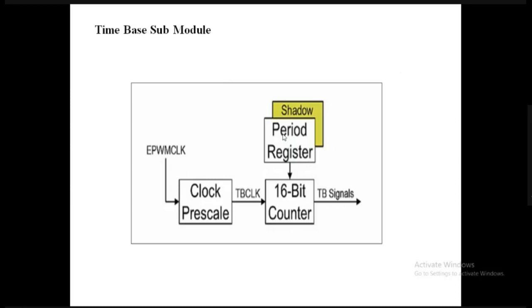So whatever actual value you are putting, with certain delay due to the microcontroller peripherals working and all, this shadow register has its own memory, and it is related to your main processor, and that can then be transferred into your period register.